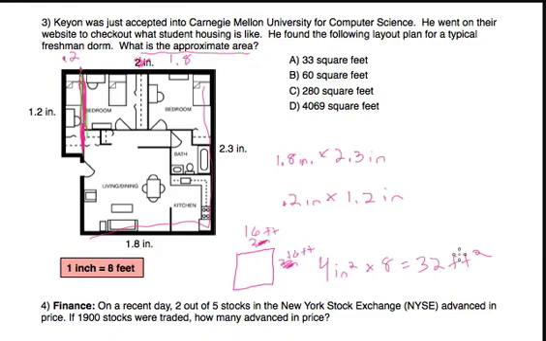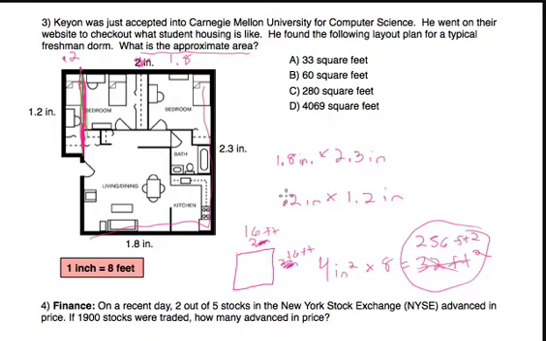What is this, 16 times 16? All of a sudden, our answer now is 256 square feet. So 256 square feet does not equal 32 square feet. It's not even close. So do we have to convert these numbers to feet before we multiply? Absolutely.